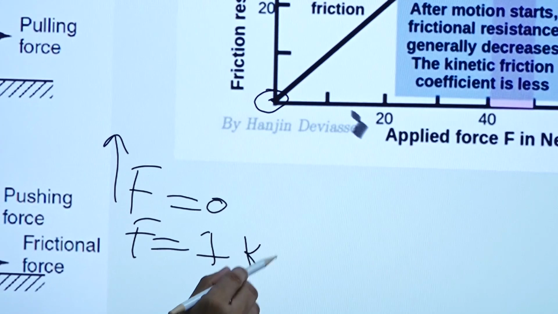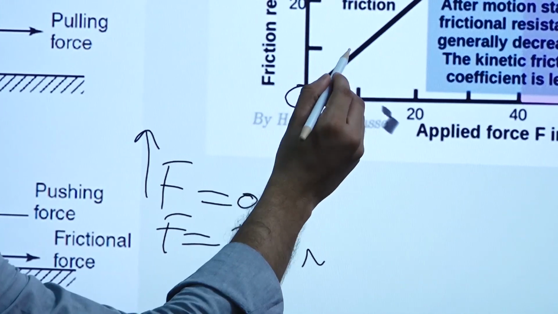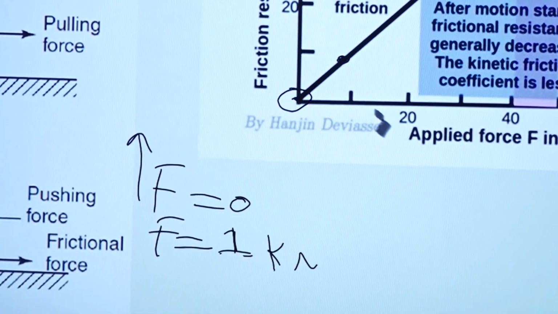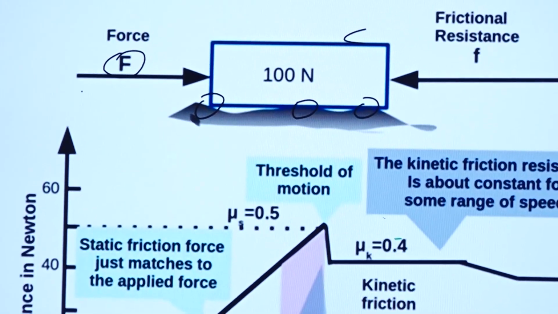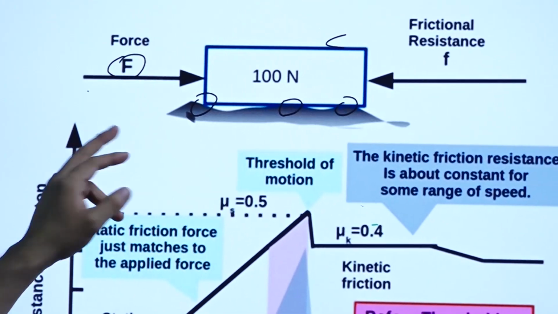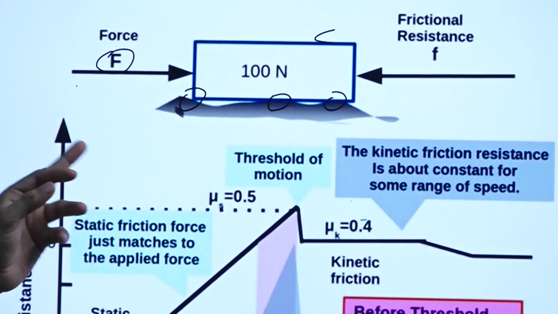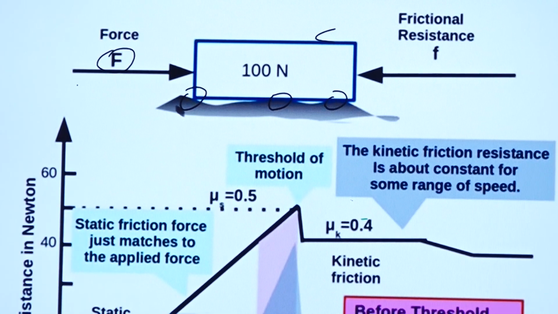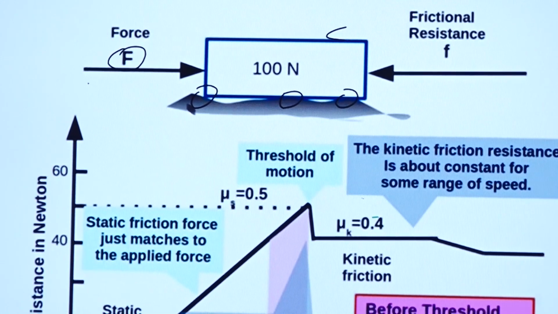Suppose it becomes 1 kilonewton here, you will see some resistance, okay? Even if the force is 1 kilonewton, this block will not move, right? Why is this block not moving even though you are applying some force? Because this block is in static friction. It is still in static friction mode, right?